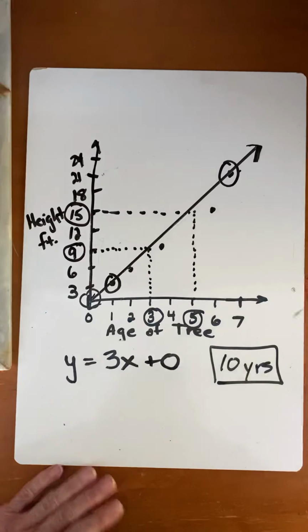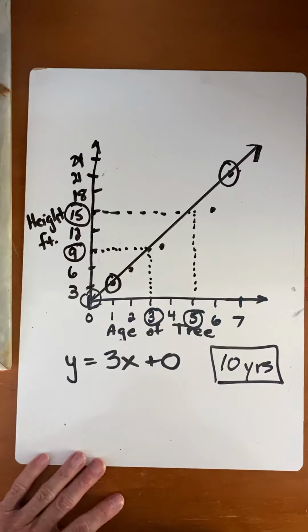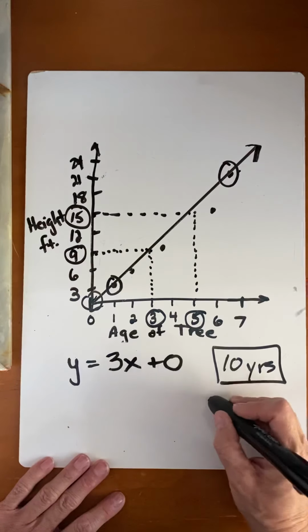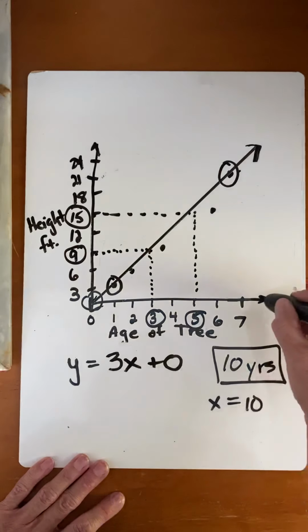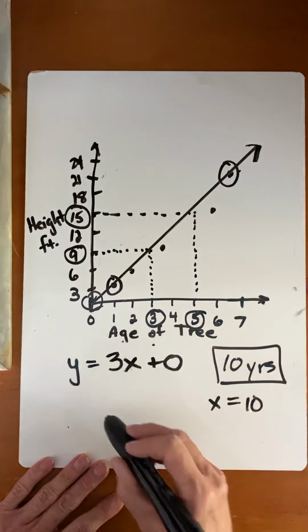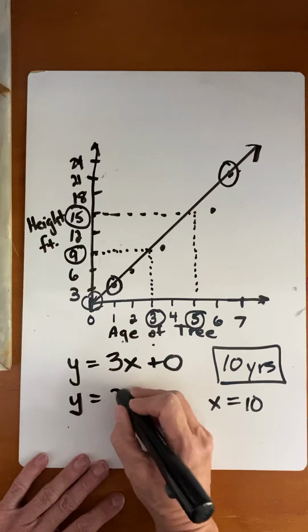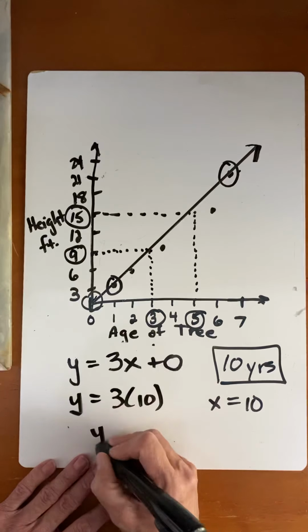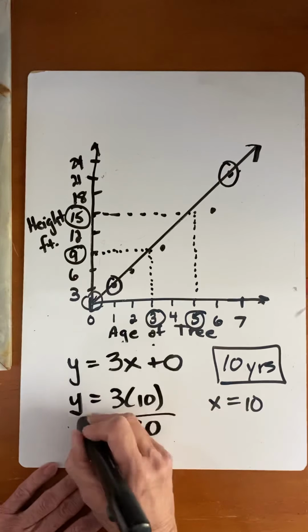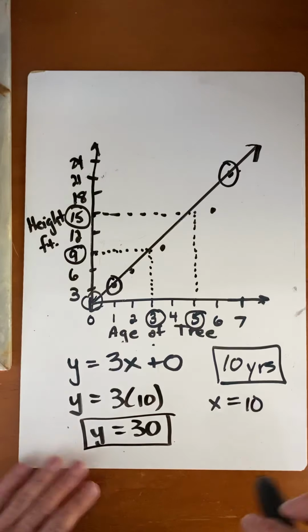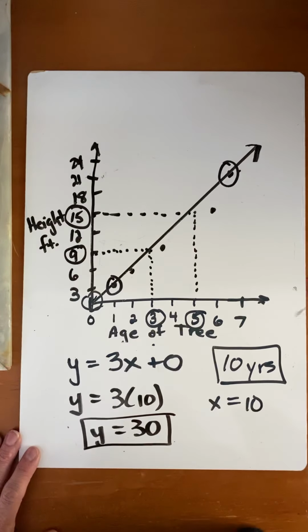It's outside of the known range. So what am I going to do? I'm going to let x equal 10, and instead of using my graph, I'm going to use my equation. So I'm going to say y equals 3 times 10, y equals 30. So I extrapolate, or estimate, that at 10 years, the tree will be 30 feet.